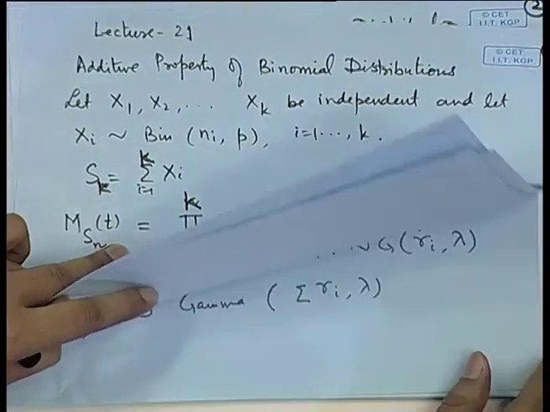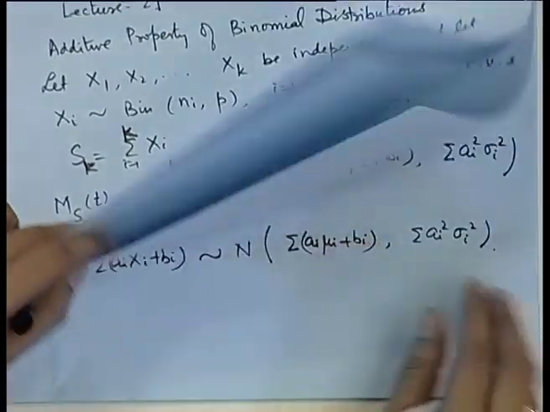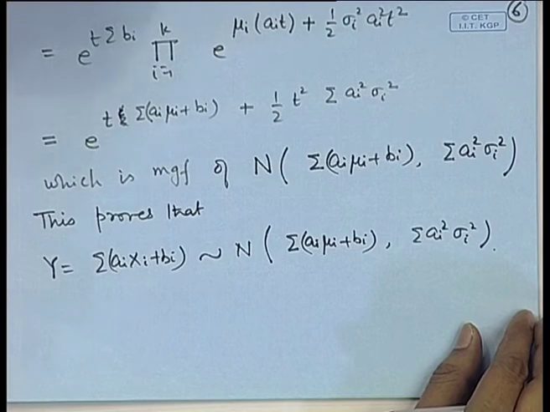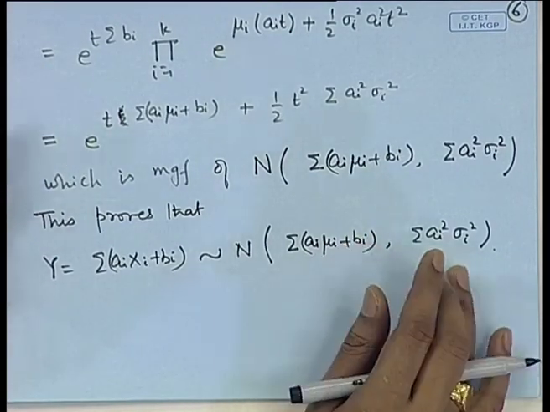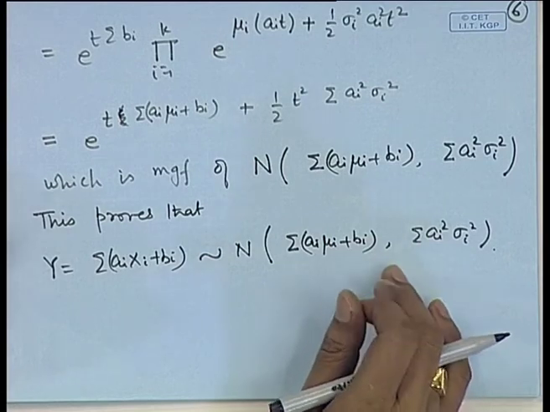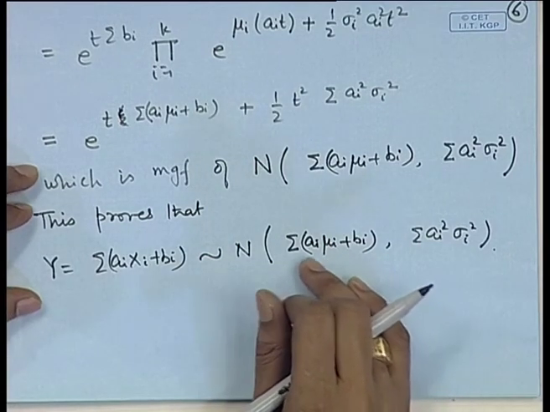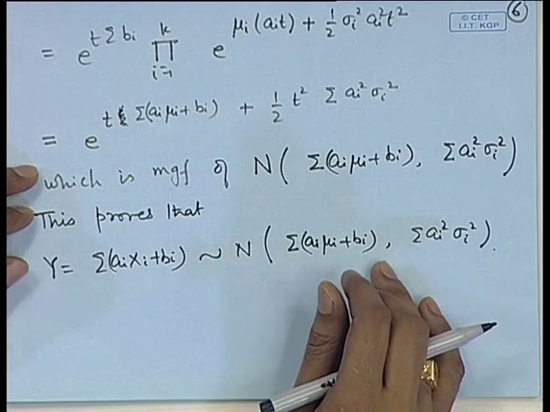But in the case of the normal distribution, we can vary both the parameters, and the property is also more general. Rather than just talking about the sums, we can talk about any linear function.